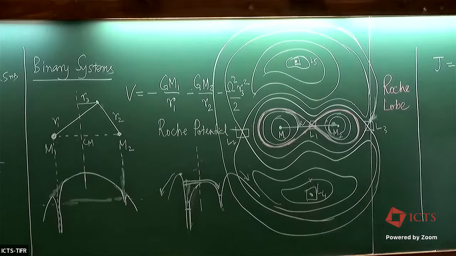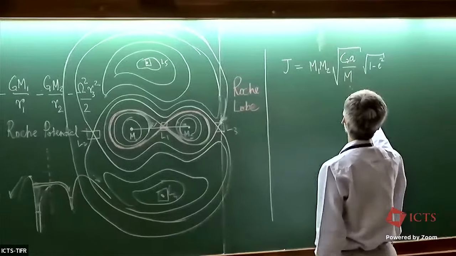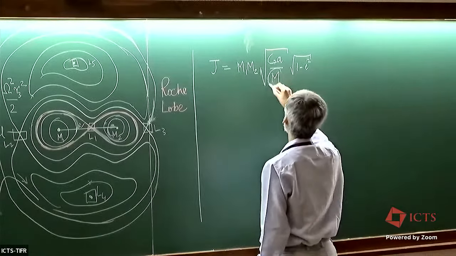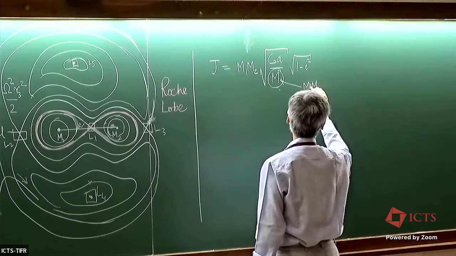So I can take the logarithm of both. Okay, so what is M? M is just the sum of the total masses.